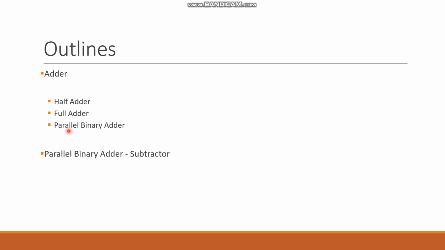After that, we talk about the parallel binary adder, and then the parallel binary adder and subtractor, which is a circuit created to perform addition and subtraction on binary numbers together, not simultaneously, each one at any given time.